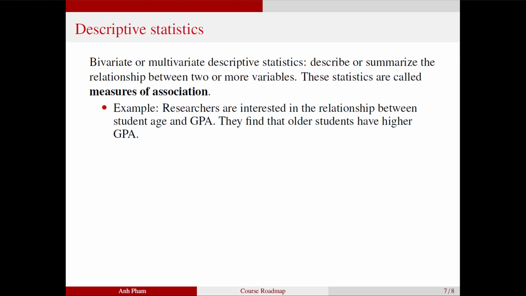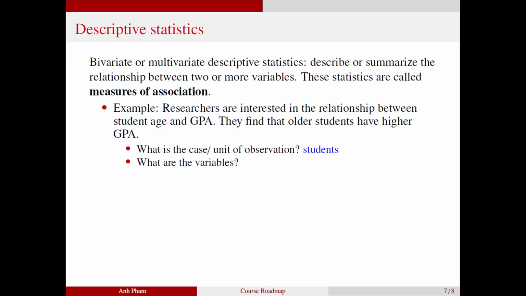So now I want to draw back to what we discussed in earlier slides about unit of observations and variables. In this example, tell me what is the unit of observation here? Students, again, because we are interested in students' age and GPA.